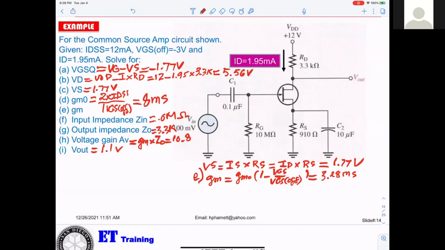The last one, the output voltage should be negative because it's 180 degrees opposite. 100 millivolts times 10.8, yeah, 1.1.